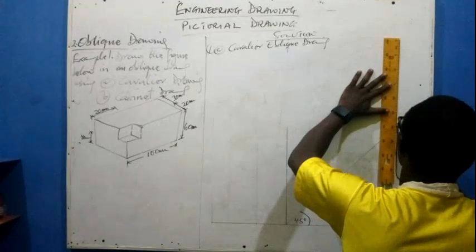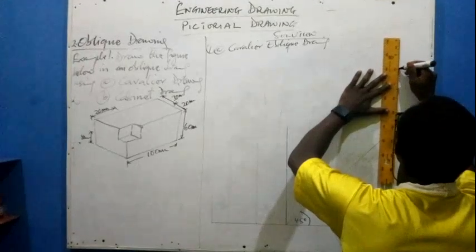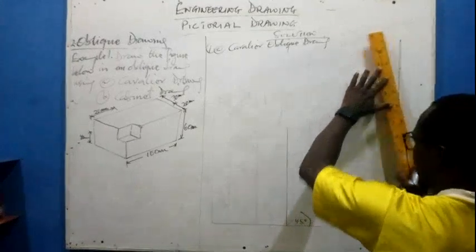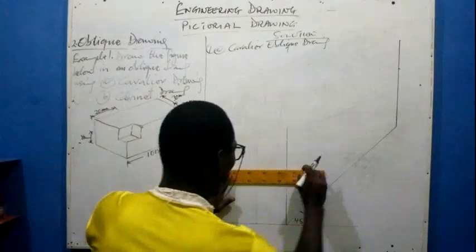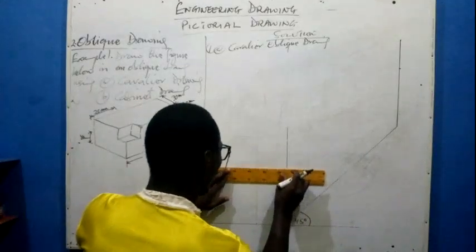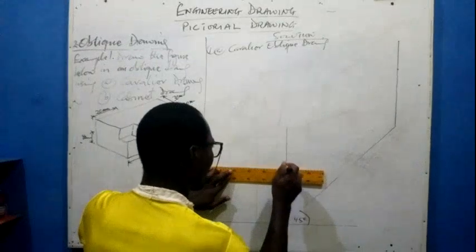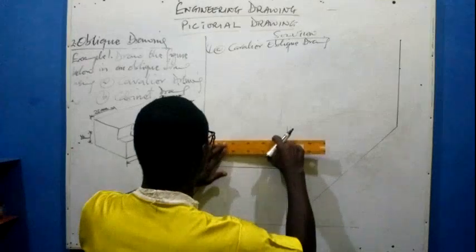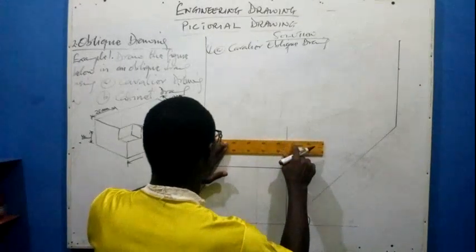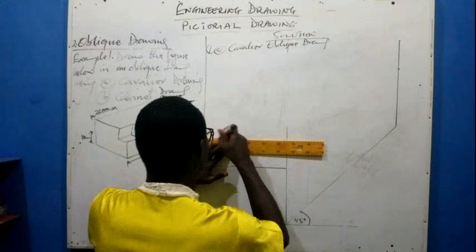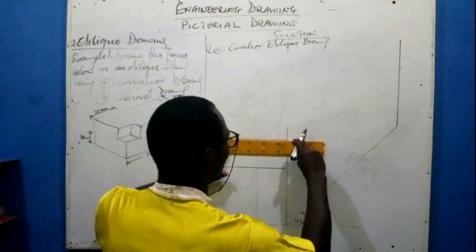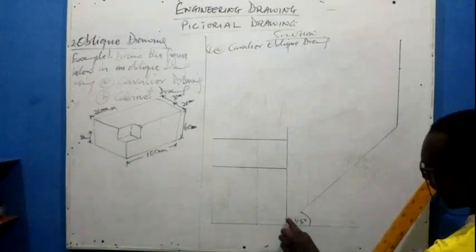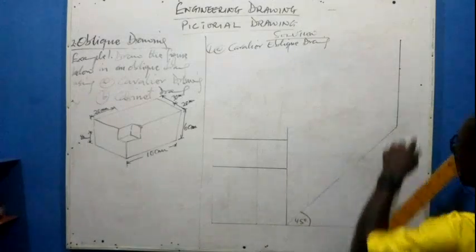What I will do is join the 40, 40 together, then 20, 20. Then I'll do the same thing for the incline. I have one here, join them.